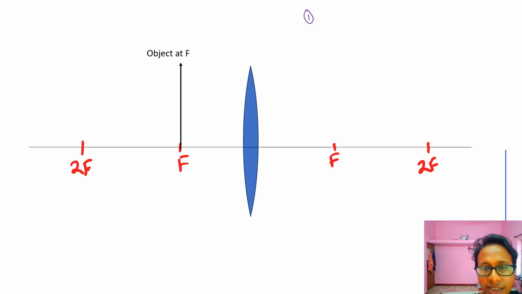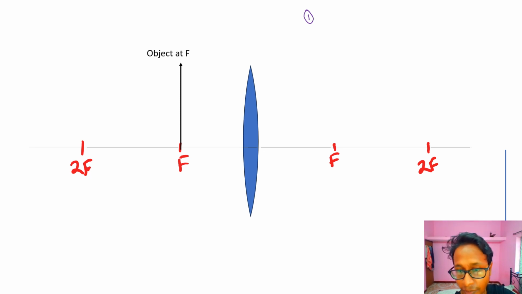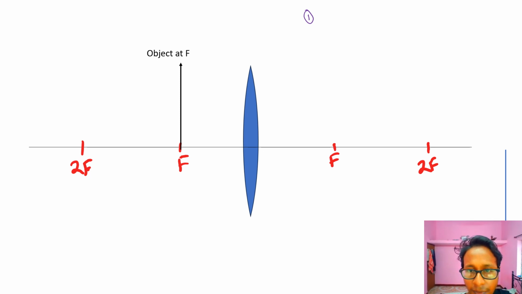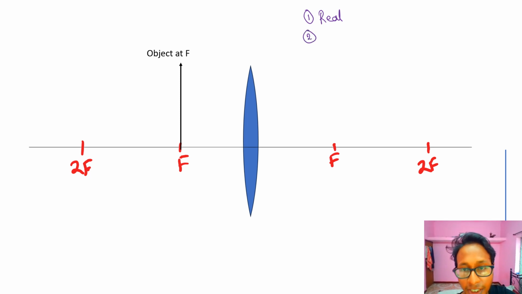At infinity you can neither say it is real nor imaginary, but because the image was being formed on this side, I am saying the image formed is real. And for infinity you cannot even say inverted or magnified, because a real image is always inverted, but for infinity it becomes very dubious to deal with.